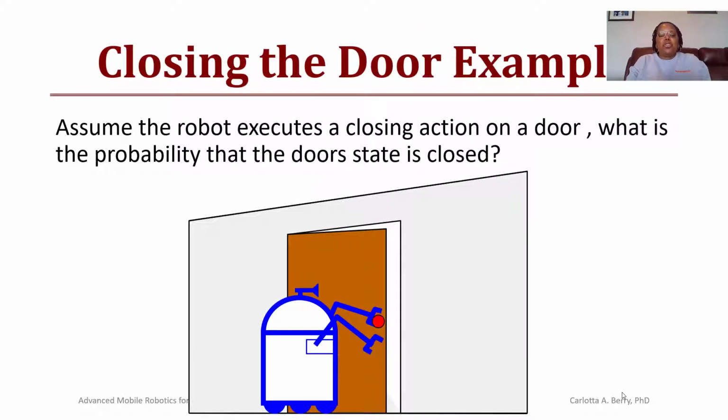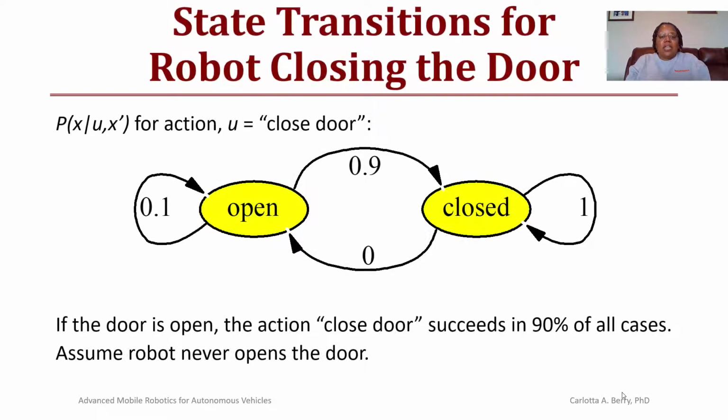So for the closing the door example, assume the robot executes a closing action on a door. What is the probability that the door state is actually closed? We can't say with confidence because the gripper may have slipped, the robot may not have actually reached the door, etc. So we would have the following state transition diagram for the robot closing the door. The probability that the door is closed, given that the robot has made a closing action and we knew the previous state of the door.